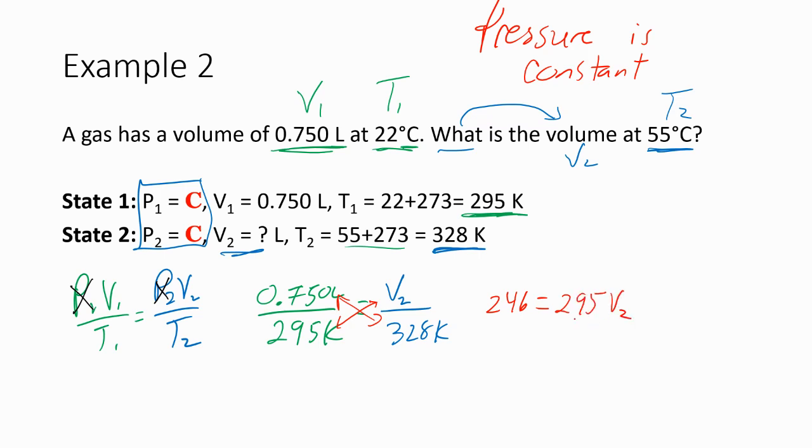So to isolate our variable, we want to divide both sides by 295. And we get 246 divided by 295. V2 equals 0.833. The units of that are the same units that went in for volume. So liters went in, so liters have to come out.